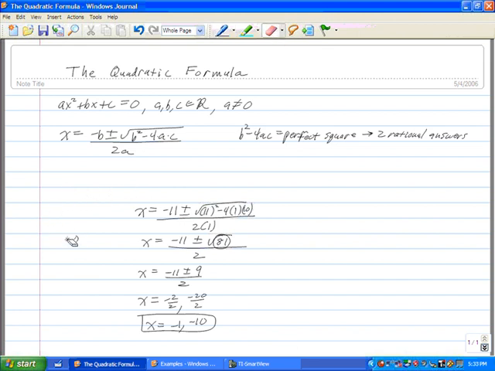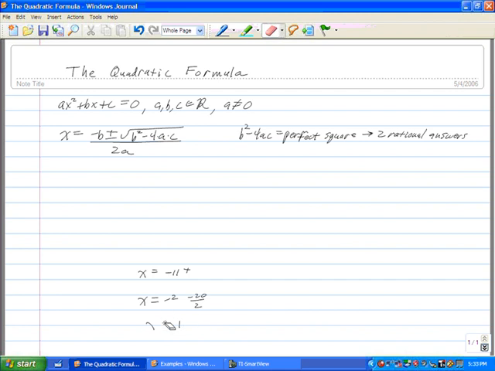Let's clear this away. We'll do it on this same page because we already have our formula written down here where we can easily look at it and plug in. So let's just stay with this page. Let's take a look at x squared plus 9x plus 18 equal to 0.